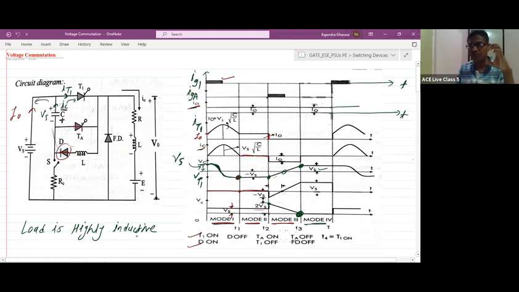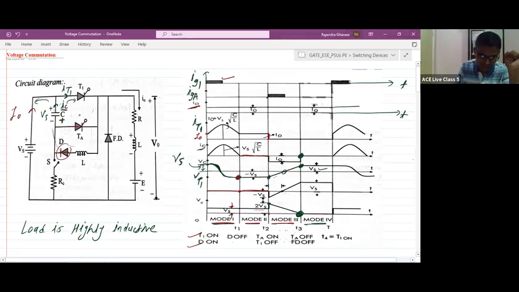Now, the point to be noted here: what will be the voltage across the load during mode 4? During mode 4, what is happening? For the capacitor, the discharging path is not available, and T1 is already in an off state. What about the auxiliary thyristor TA? If the capacitor current becomes equal to 0 at this instant, when the capacitor charges to the polarity plus here, minus here, the discharging path is not available, so IC becomes 0.